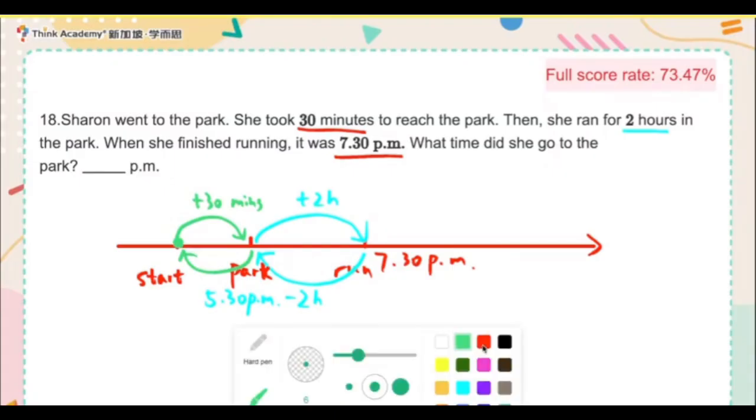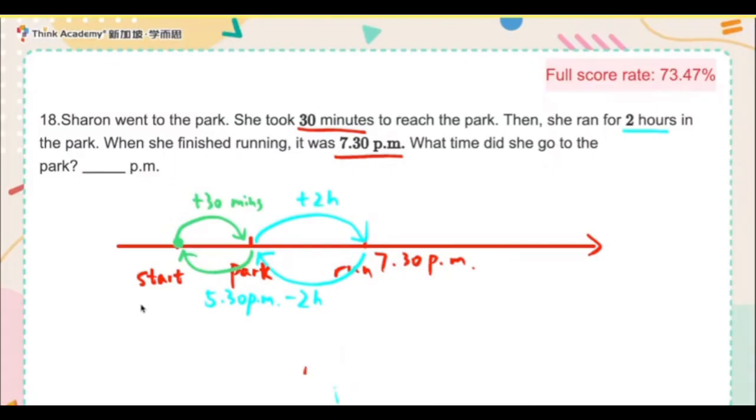That will be minus another 30 minutes. So it is 5 p.m. Okay? Good job, everyone. Oh, Maggie says you run 20 rounds. Yeah, maybe in 2 hours you can run 20 rounds. Okay, good job, everyone. So here is how we solve the problem.